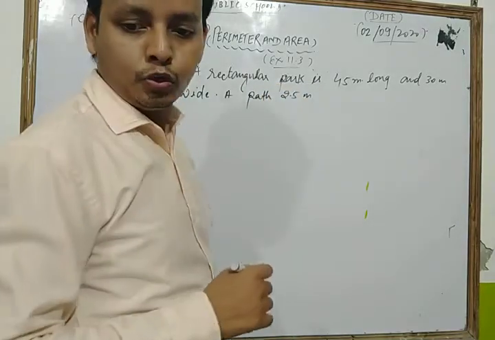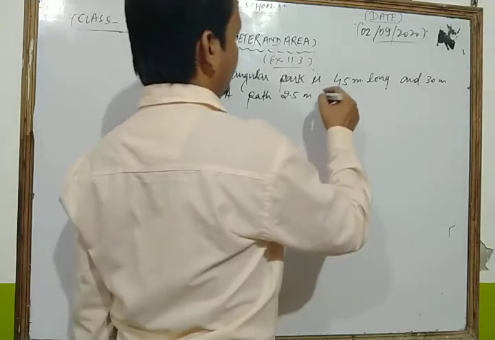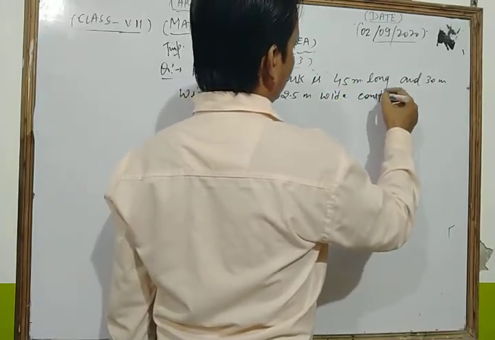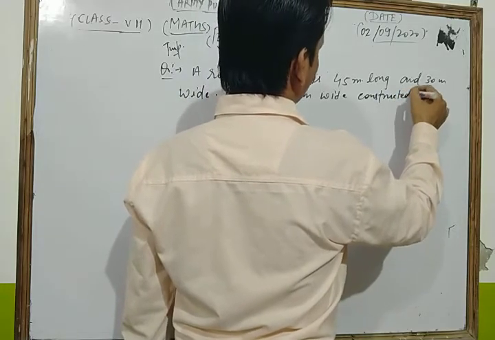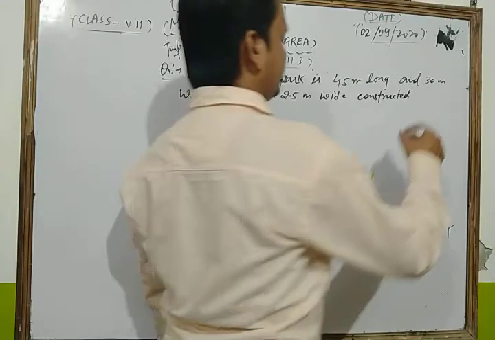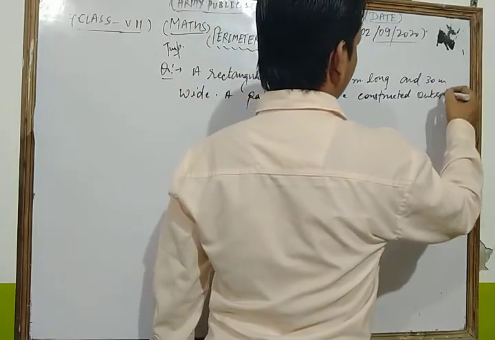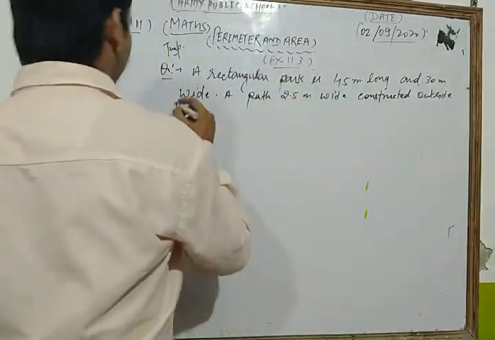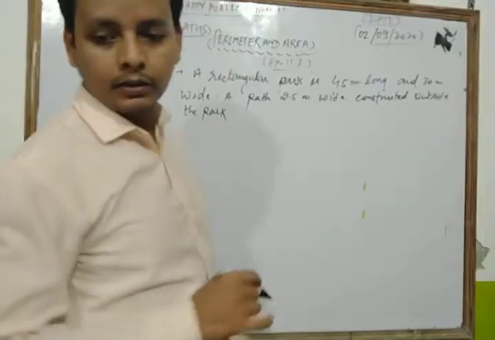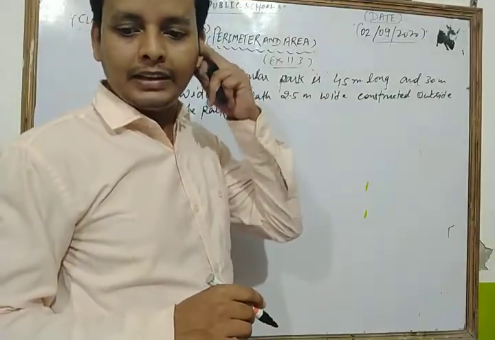A path 2.5 meter wide is constructed outside the park. Find the area of the path.